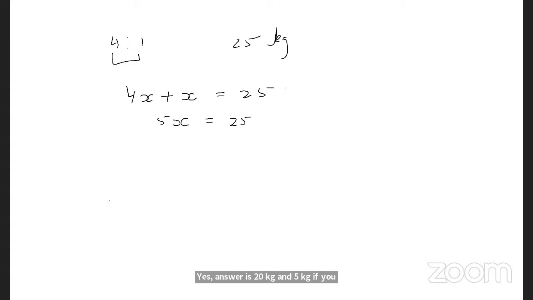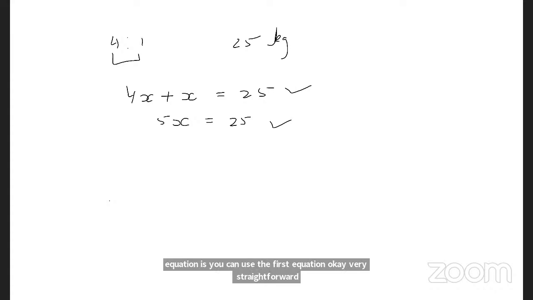So expressing it in this form is also okay. If you take it a little further, you can add 4x and x to make it 5x equals 25. This form is also okay. In the test, you only had to do till here. You can use the first equation, very straightforward, or you can use the second equation as well.